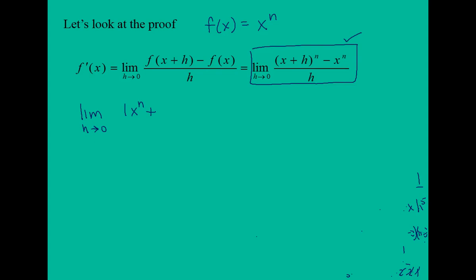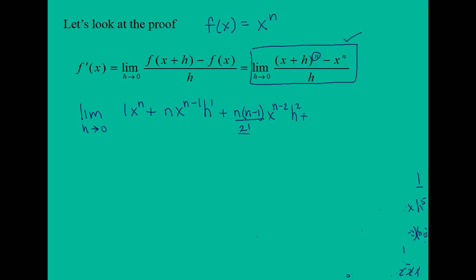Plus, now we would have n, because that is the exponent, times x to the n minus 1, h to the first power, divided by, we could say, 1 factorial, which is just 1. Plus, then we would have n times n minus 1, all divided by 2 factorial, x to the n minus 2 h squared.